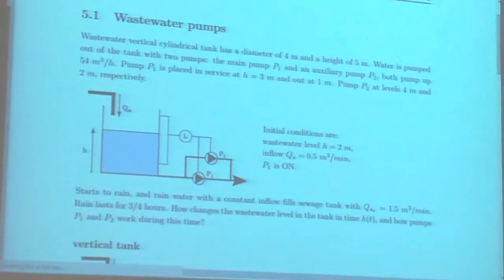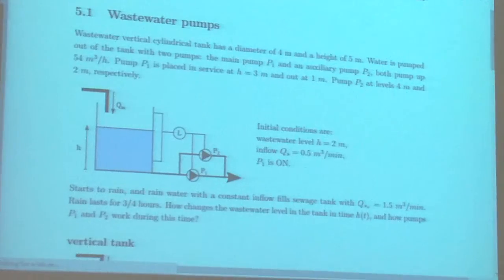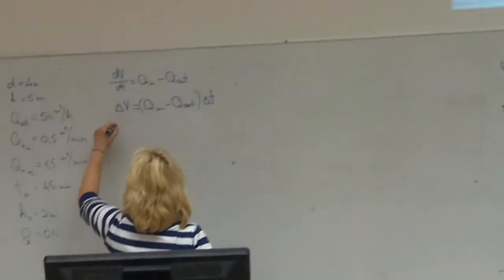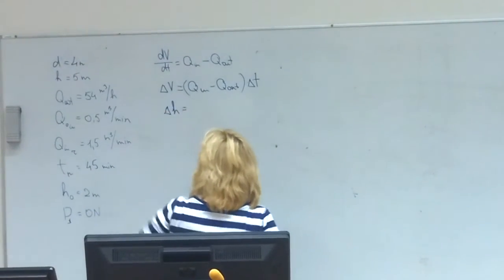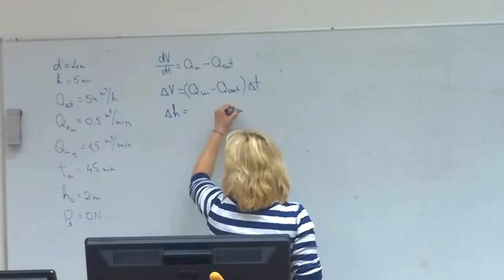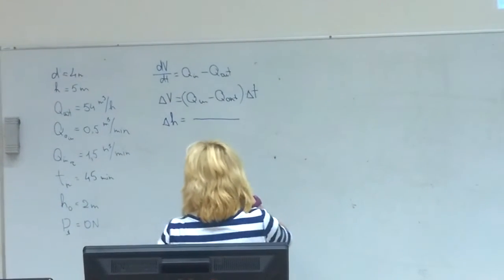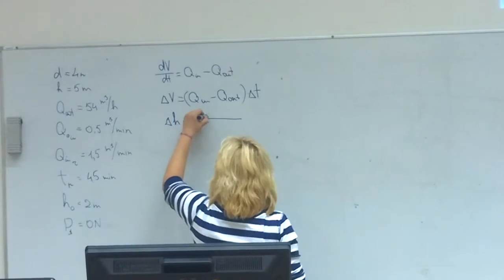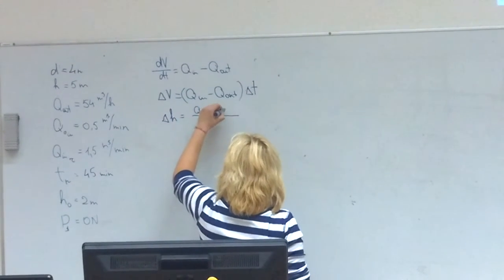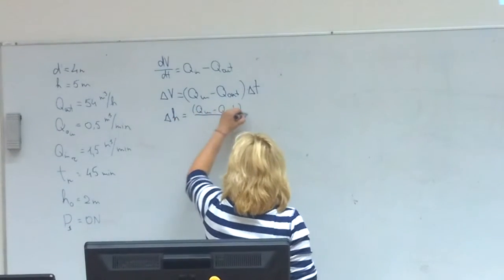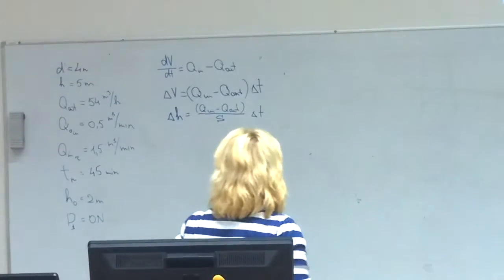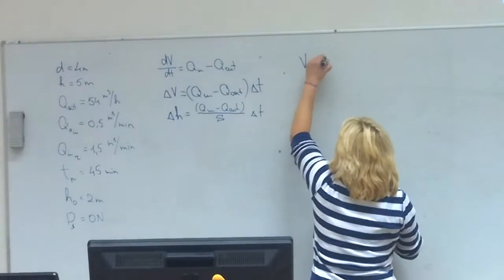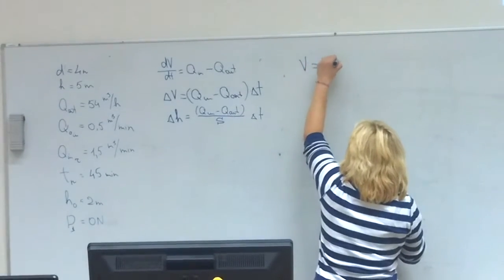So right now we would like to know how the water level is changing. So in that case, the change of the height of the tank will be the difference in inflow and outflow multiplied by the time and divided by the area of our tank, because volume is height multiplied by the area.